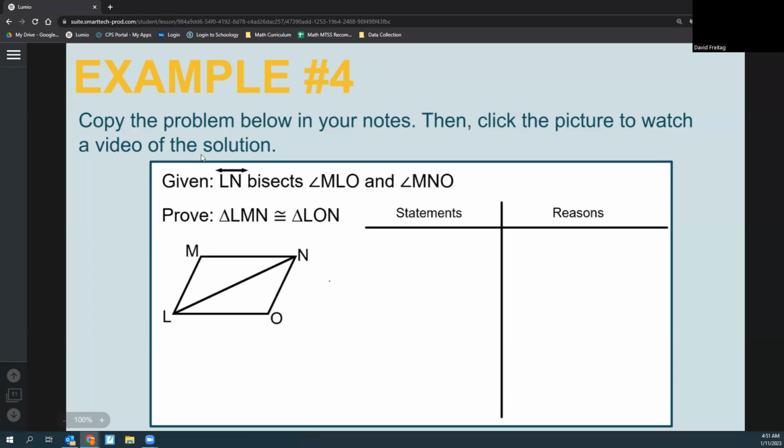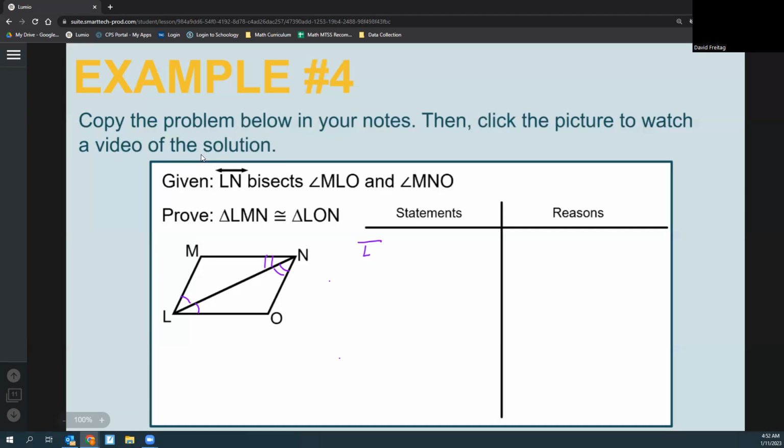It bisects MLO, so I know that this and this should be the same by definition of bisecting. Then it also bisects M and O, which means that this should be the same as that because it bisects. So let's talk about this part and get that going, right?